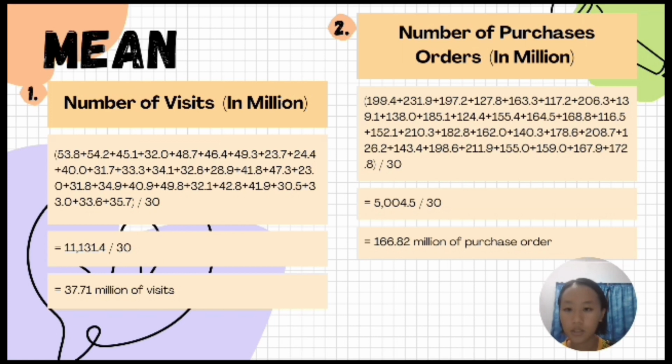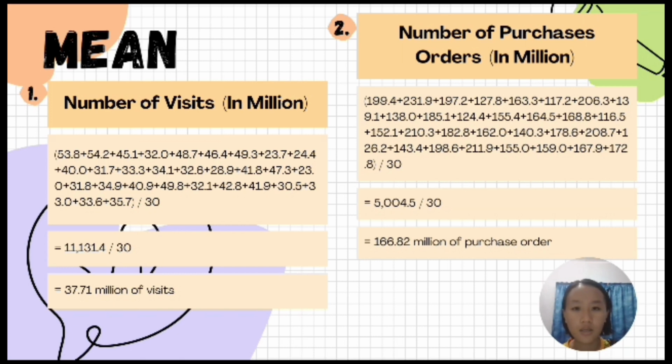Here I already show how to calculate the mean of each metric. The mean for the first metric, traffic, the number of visits, is 37.71 million visits.